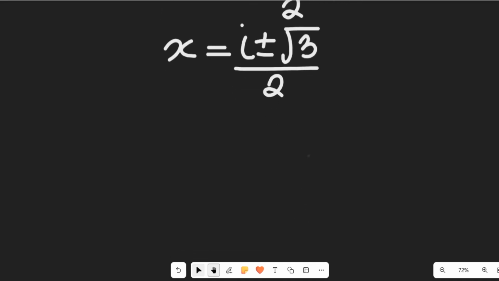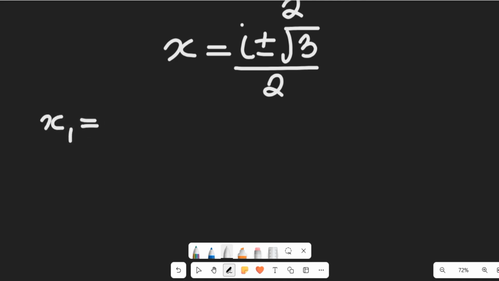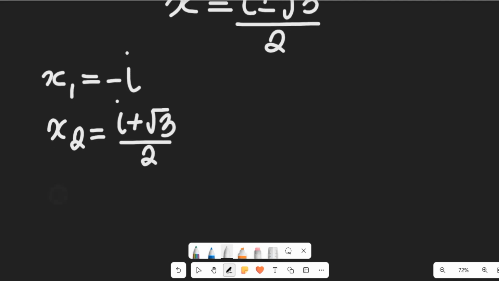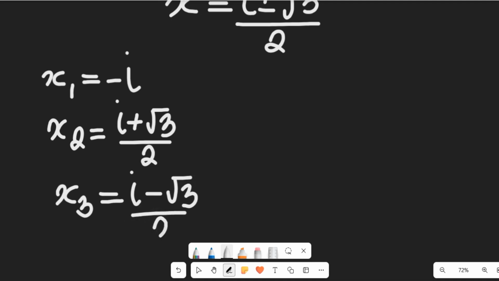So from here, you can see that having gotten our x1 to be equal to negative i, we can get our x2 to be equal to i plus square root of 3 divided by 2. Complex solution indeed. And then our x3 is simply i minus the square root of 3 divided by 2.